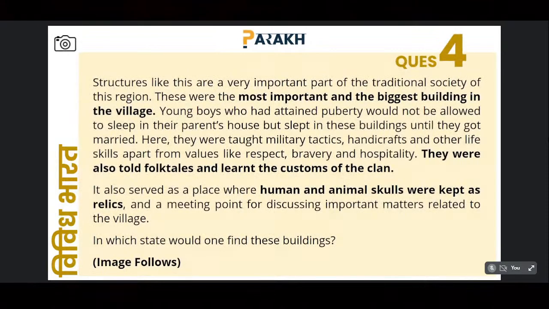So here you have to tell from which state you can see the buildings in the image.